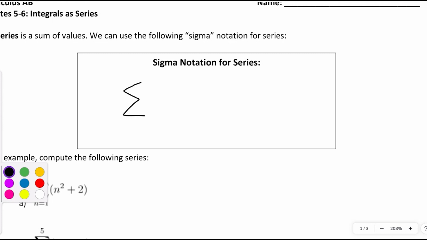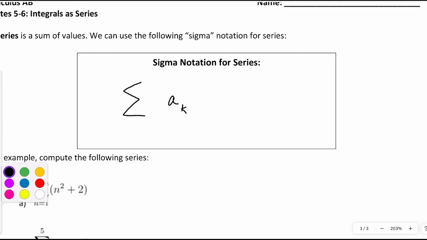And you're going to have some sequence. You're communicating that you want to add up all the terms of the sequence. So we'll just call the sequence a sub k. Maybe it's like k plus 1 or whatever the function might be. And then there's going to be two other pieces of information on here too. And that is which term number to start with and which term number to end with.